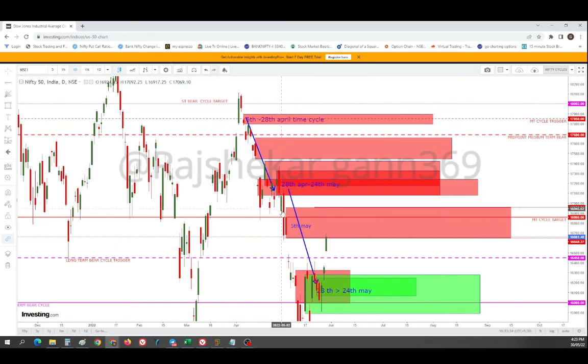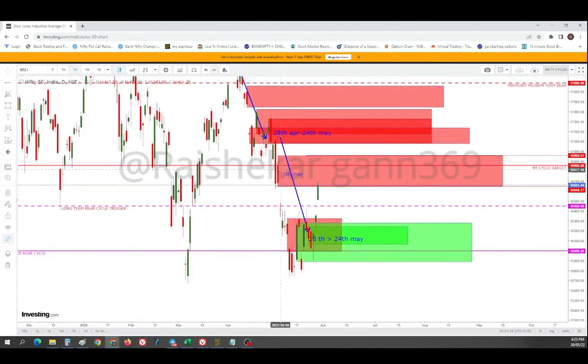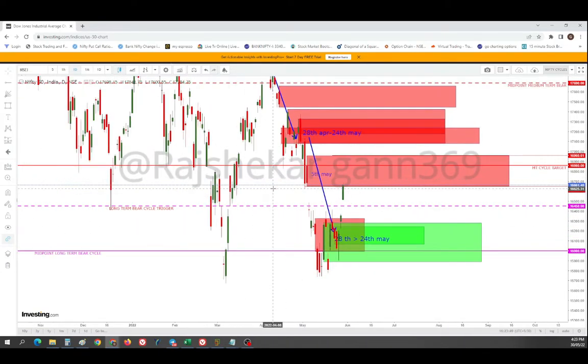When this broke, it gave a sell-off. And in this, there were other dates, just like the dates I had mentioned in Bank Nifty. 5th is one of them, and 17th is one of the times in the previous cycle of 28th to 24th.